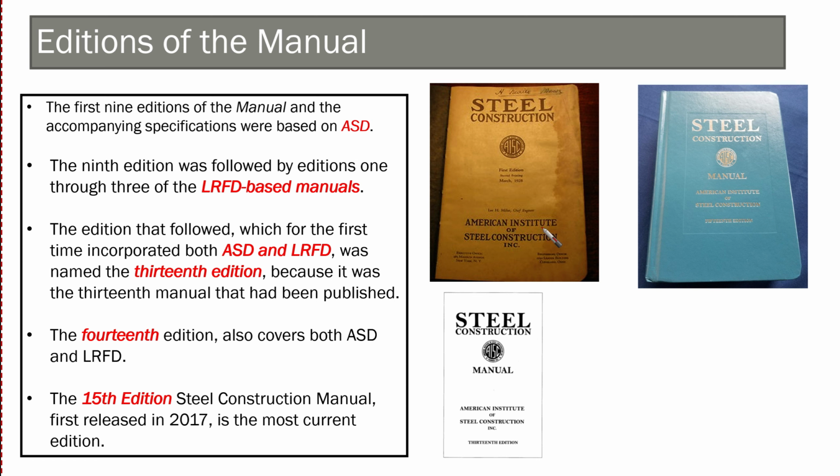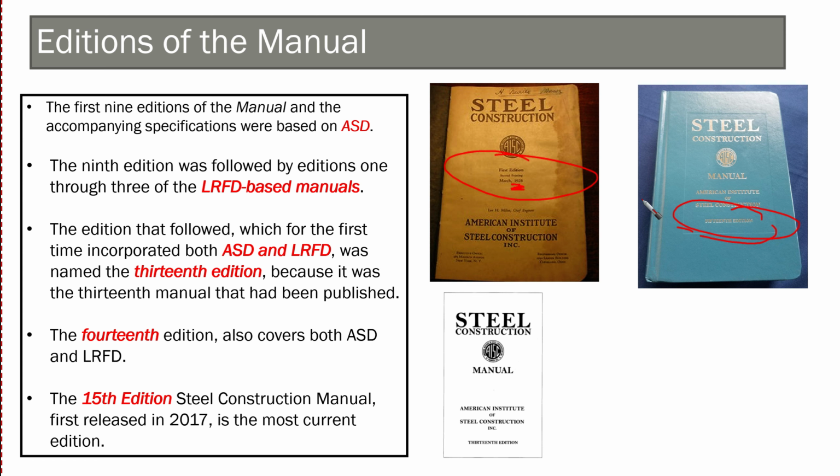It is maybe the first steel construction manual, from 1928. And this is the latest edition, which is the 15th edition. I think it has been released in 2017.